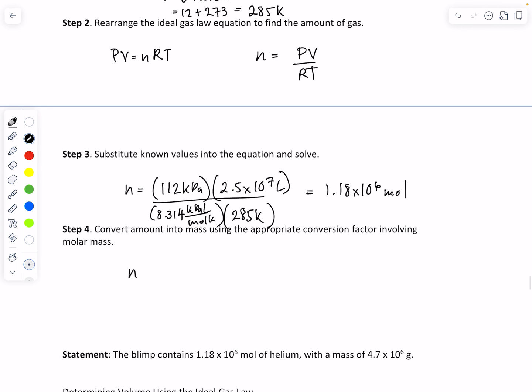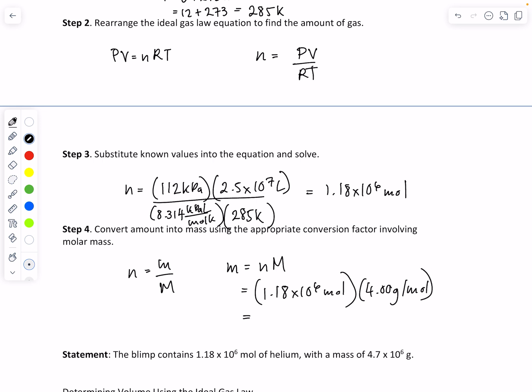We know that the number of moles is equal to mass over molar mass. So if we rearrange this equation, the mass is equal to the number of moles times the molar mass. The number of moles we found to be 1.18 times 10 to the power of 6 moles. And the molar mass of helium is 4.00 grams per mole.